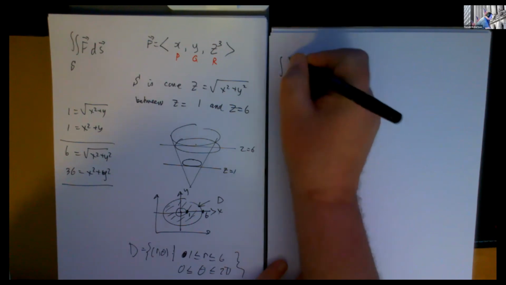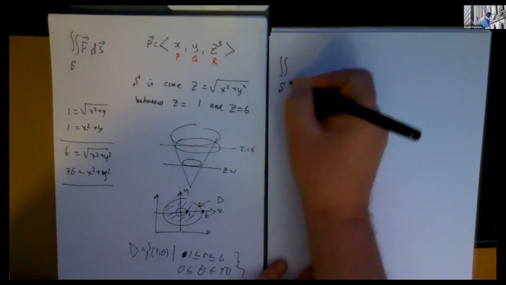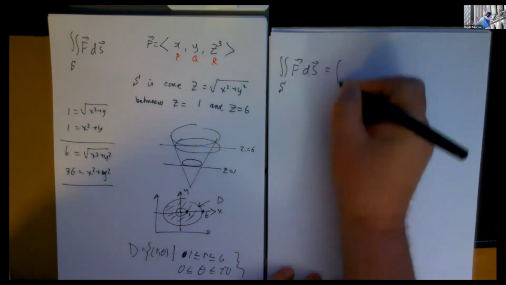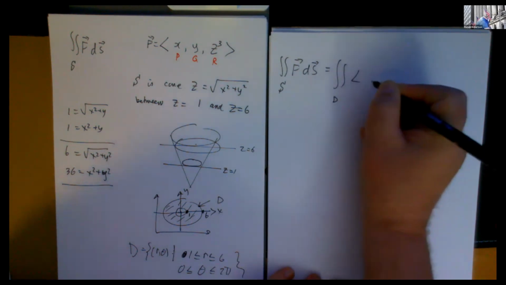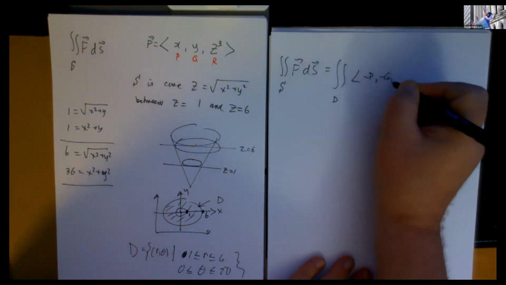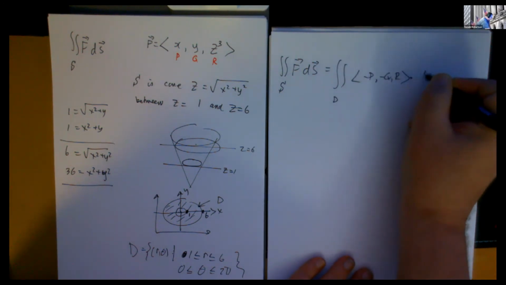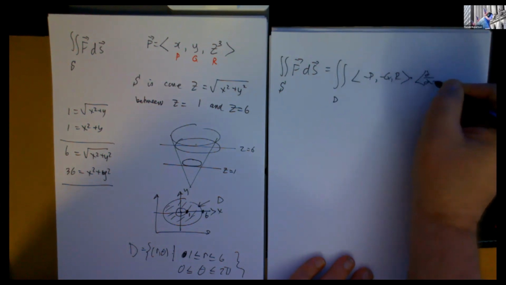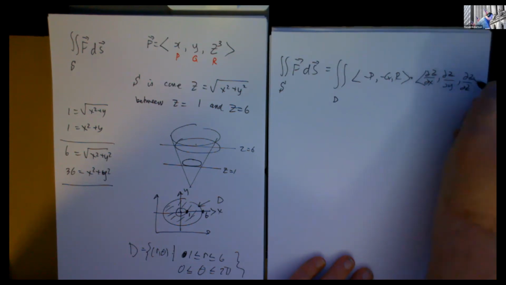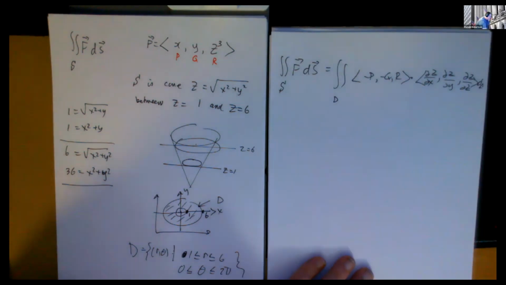So the flux is going to be the double integral of negative p, negative q, and r, followed by dz by dx, dz by dy, dz by dz, dot dA, right?